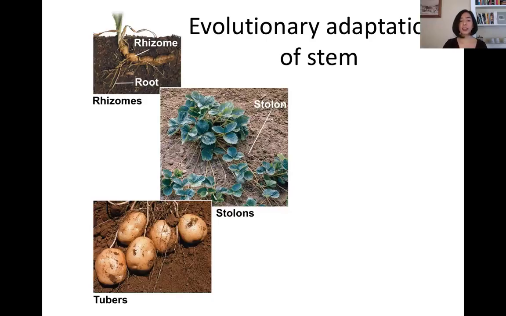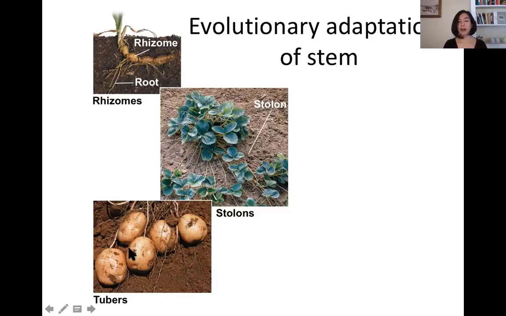Another modification are tubers. So tubers are also stems. And one example that we eat and that we love are potatoes. So potatoes are modified stems. And the eyes that you could see right here, for example, are the places where the roots will emerge. So in potatoes, it's interesting because potatoes have estolons and also these modified tubers.